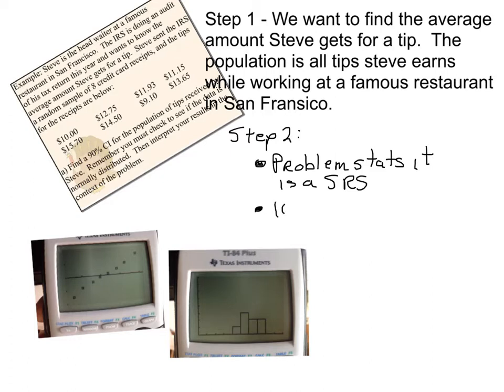So 10 times 8 is 80, which is less than all the tips Steve would earn during a 40-hour work week.